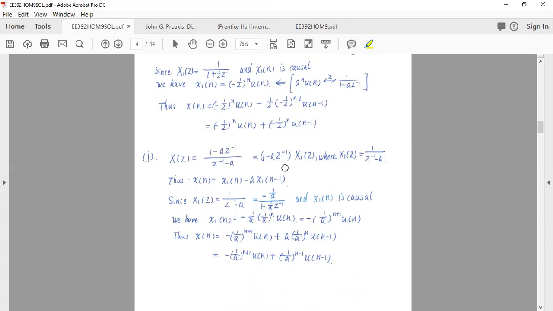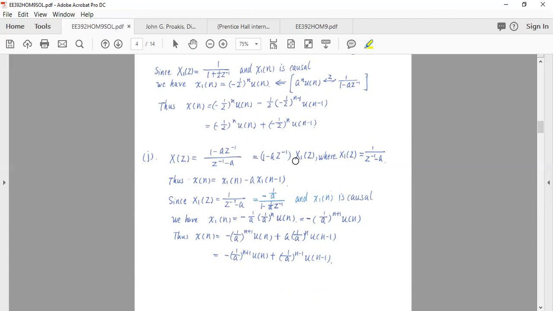Now, performing the inverse z transform of these in terms of x1 of n, x of n can be written in terms of x1 of n as this. x1 of n as it is, remember it is multiplied by 1, so inverse z transform of x1 of z will be x1 of n.